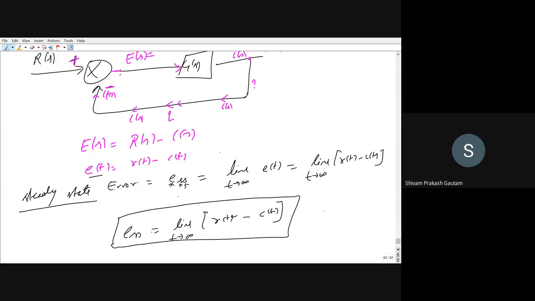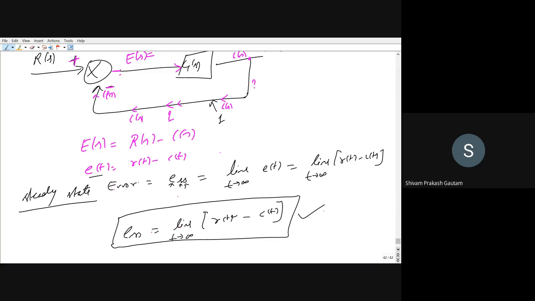If you want to calculate the steady state error of the system, you can directly put limit t tends to infinity of input minus output, right? This is only valid when you have a unity feedback path. What is a unity feedback path? Unity means the gain of the feedback path is 1. Then only this formula is valid.